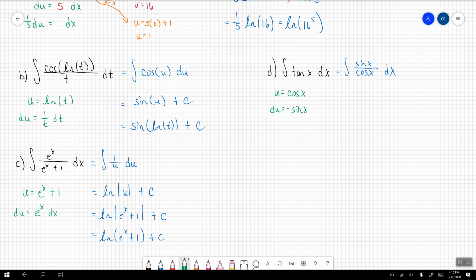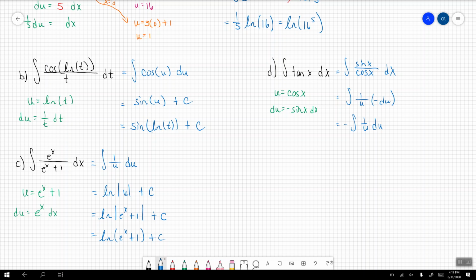And that is where we want to be, specifically because at this point we can go through our integrand and make that substitution. Sine of x dx is going to be negative du, and then we have 1 over cosine, which is u, so negative du over u. Negative can factor out, and we're left with 1 over u du, exactly as is.